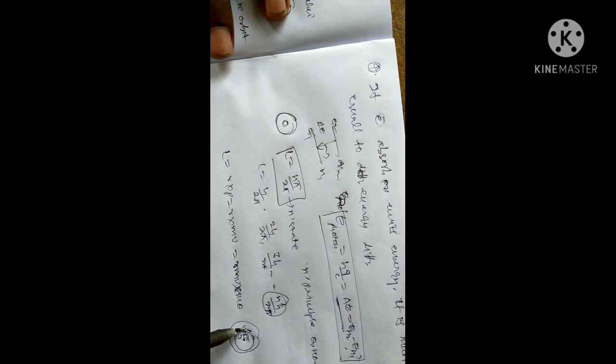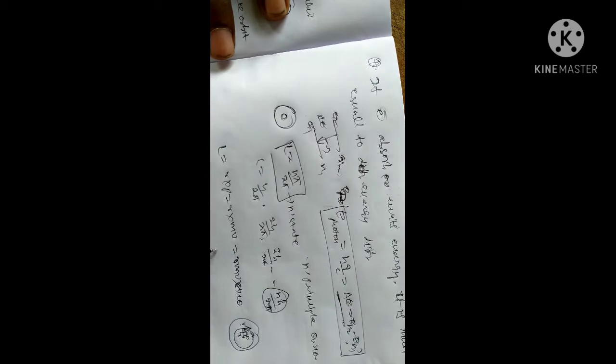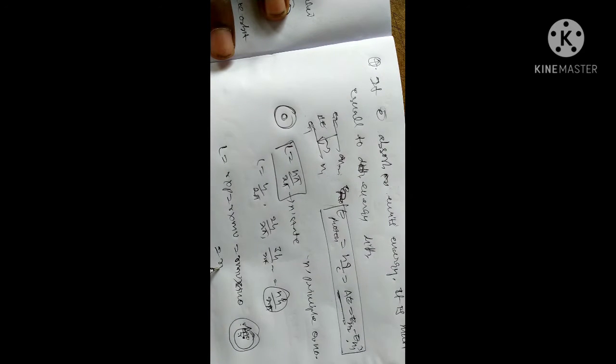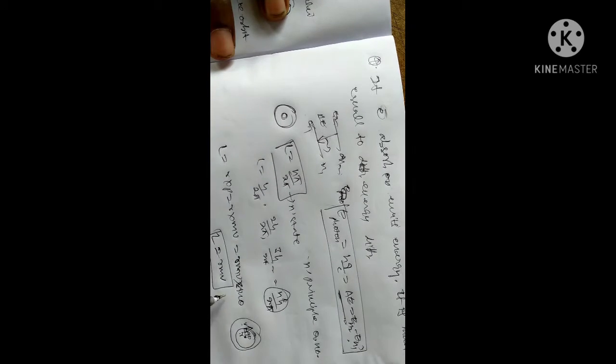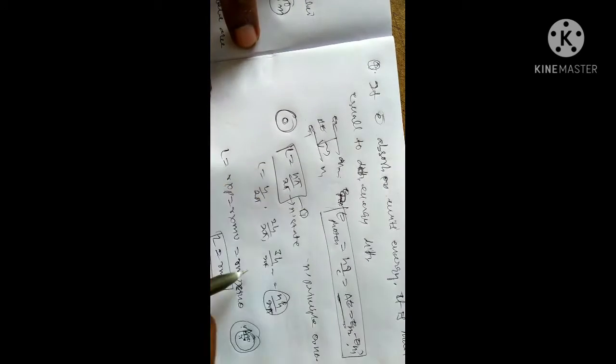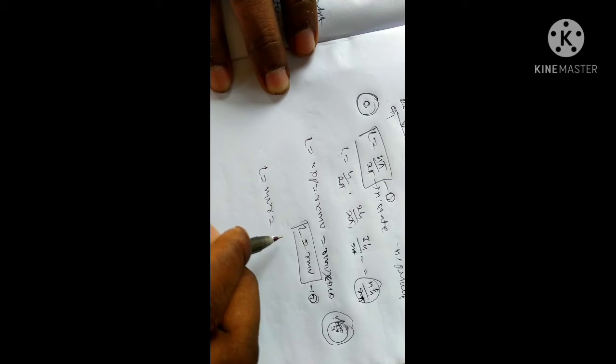Between r and v we get sin 90, and sin 90 is equal to 1. So L is equal to mvr. From equation 1 and equation 2, comparing both, L is equal to mvr is equal to nh by 2 pi.